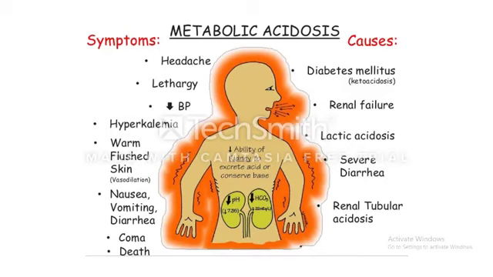So these are the symptoms that indicate the person can have acidosis, and the causes we already discussed can be ketoacidosis, that is the patient has diabetes mellitus, renal failure, lactic acidosis, severe diarrhea, renal tubular acidosis.